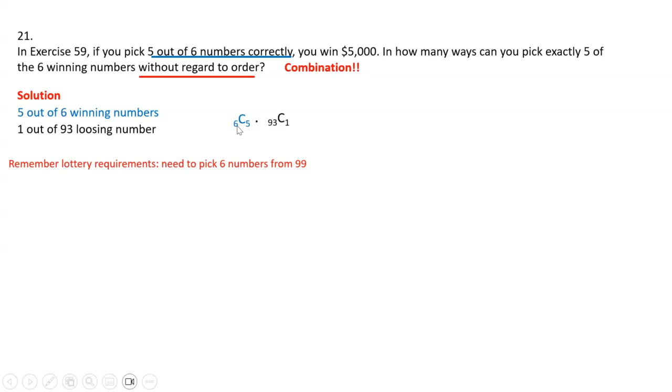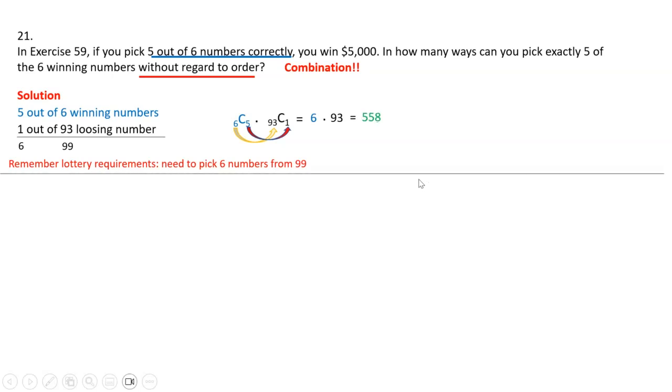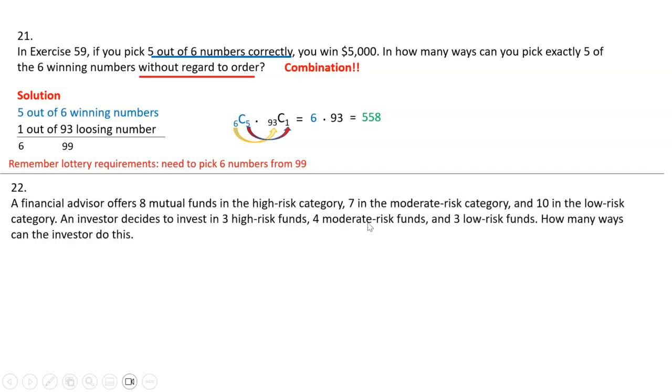Times 93 combination 1, because these must equal 99, and this must equal 6. So we multiply them out. Again, these must equal 99, the first ones, and the second ones must equal 6. So the answer will be 558. That's the answer for that one.